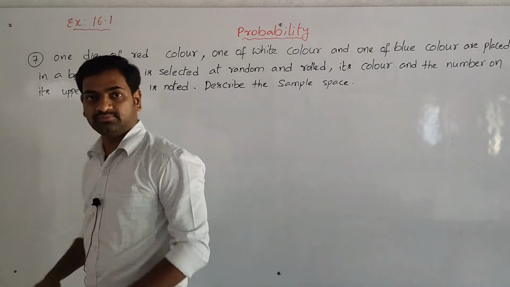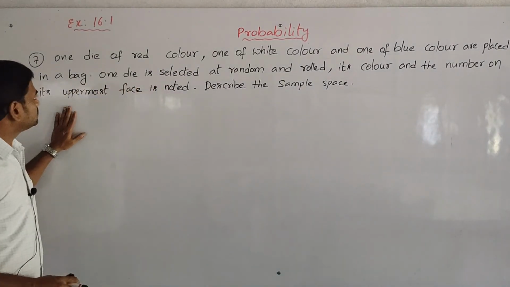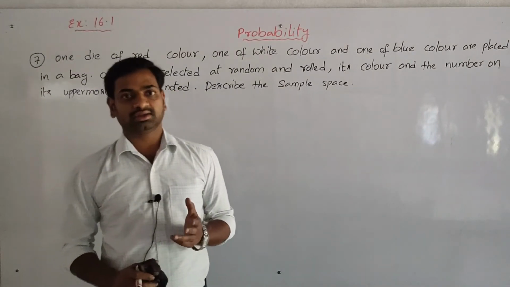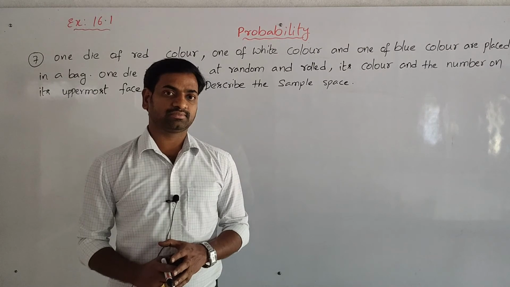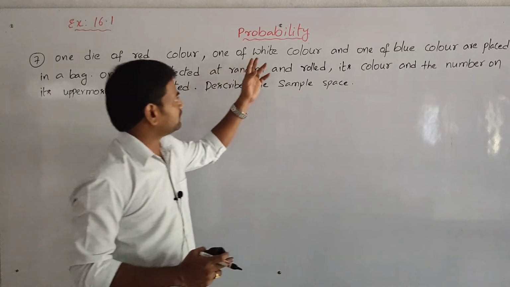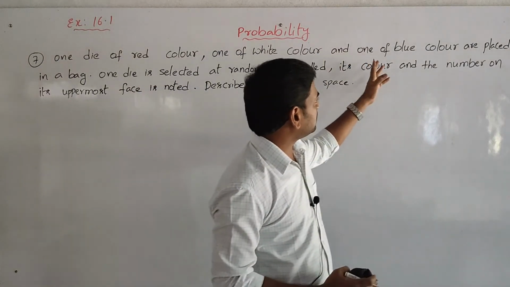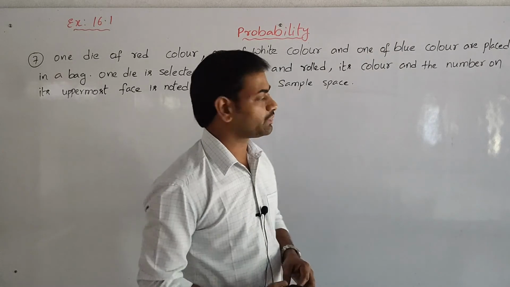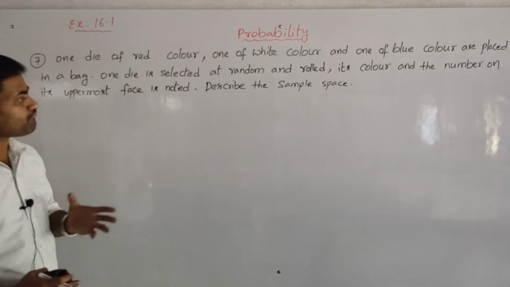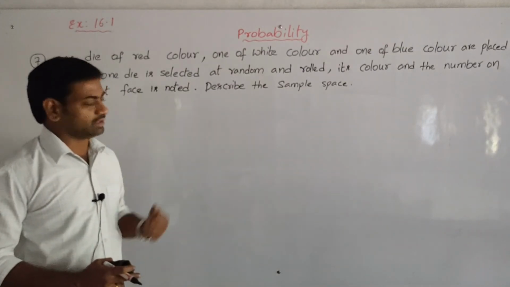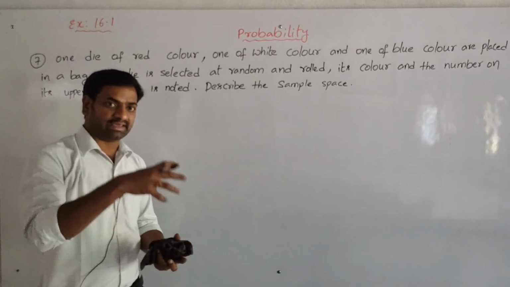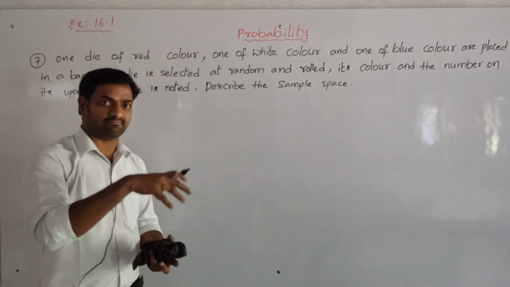See, the next one is, simple thing here. In a bag there are 3 dice. One is colored red, one is colored white, one is colored blue. Now he is doing the experiment: he is selecting one randomly and rolling the die.